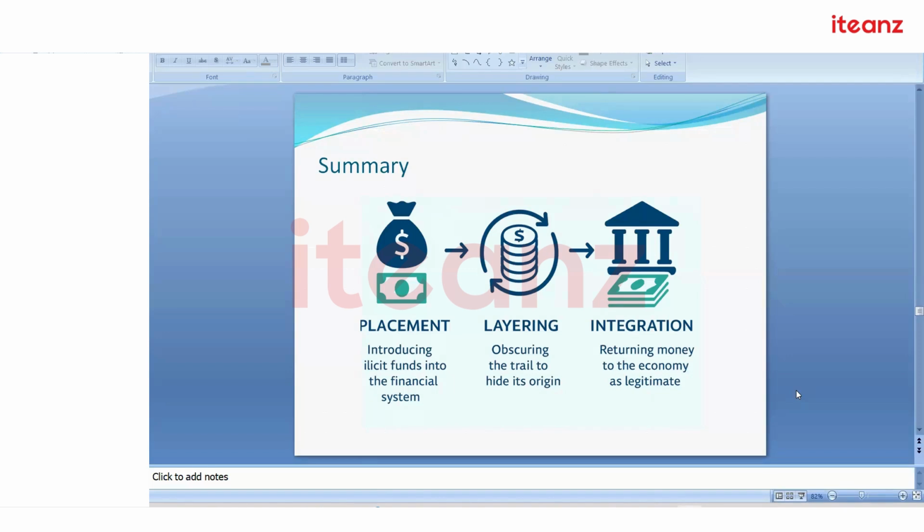Shell accounts means the person doesn't exist, but his account is there in a bank. That is also happening, right? Fake Aadhaar card, fake ID cards. They create one customer. This is how it happens.